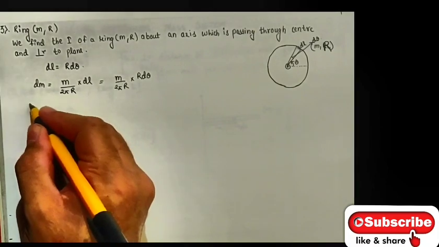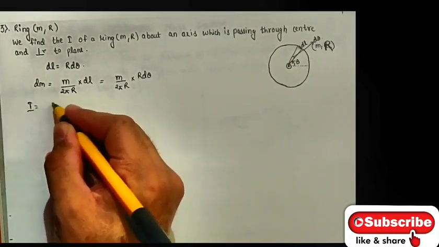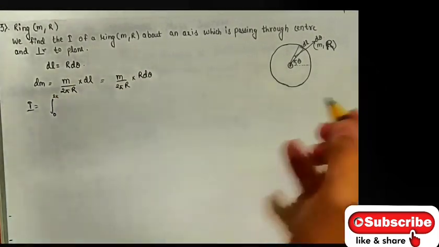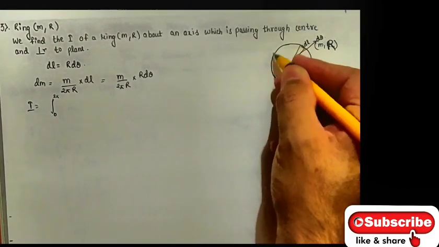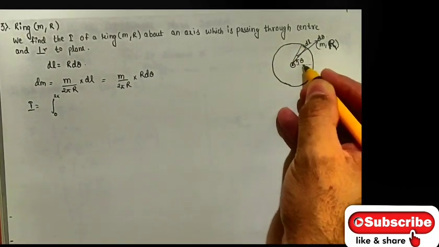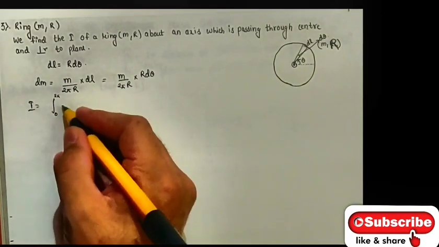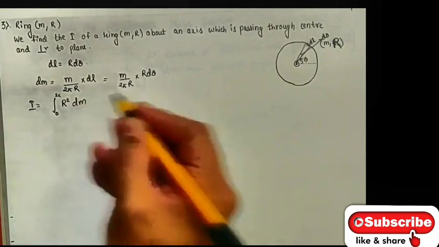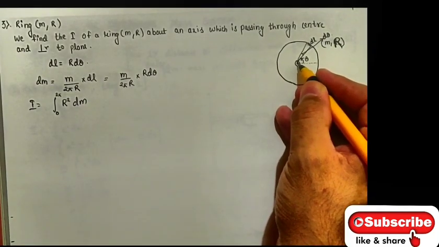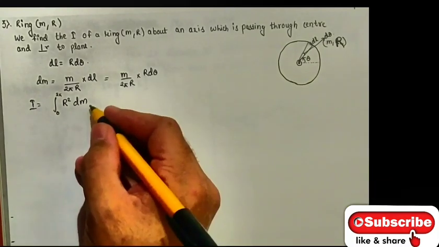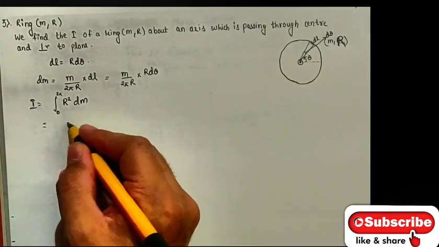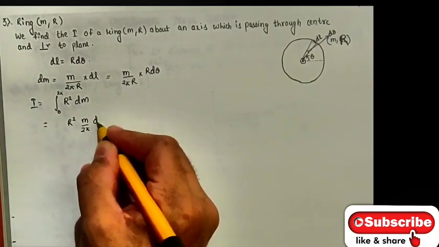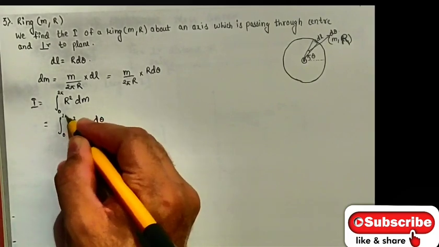Now I equal to integral from 0 to 2 pi. Starting from here we are covering this up and here, so 0 to 2 pi. R square dm. The perpendicular distance from the axis is r, which gives r square into m by 2 pi d theta, integral 0 to 2 pi.